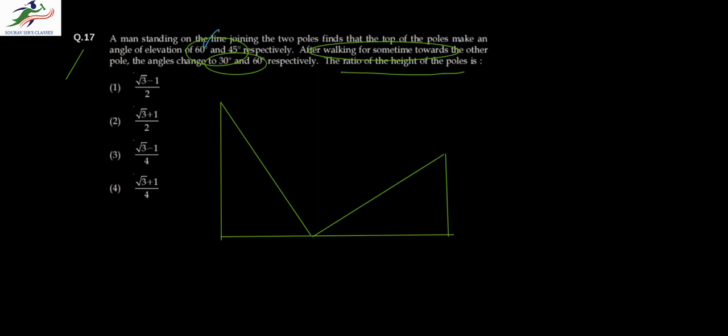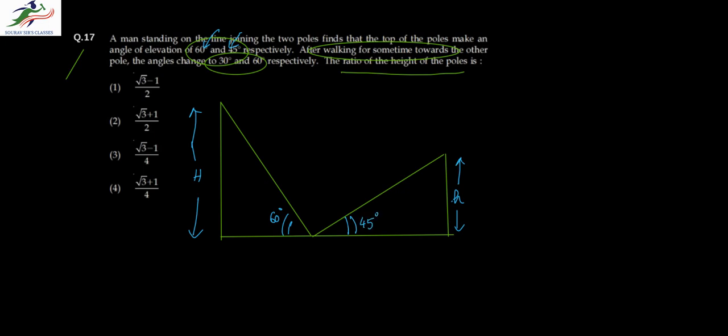Now how to determine which one is 60 and which one is 45? You observe that the pole which has a bigger height will have a bigger angle, so this will be 60, and the pole which has a smaller height will subtend a smaller angle, so this is 45.